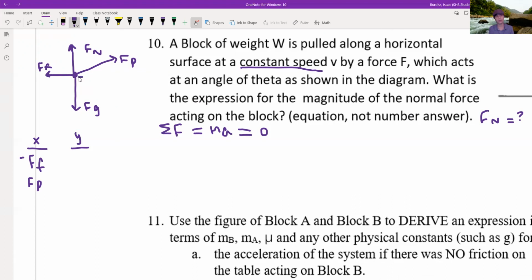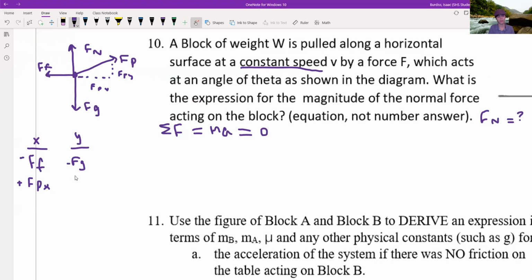So we have to instead make this into two different FPs. We have an FPY for the one that goes up, which would be positive, and then we have an FPX, which is going to the right, which is also positive. And then we have a negative FG that's down.